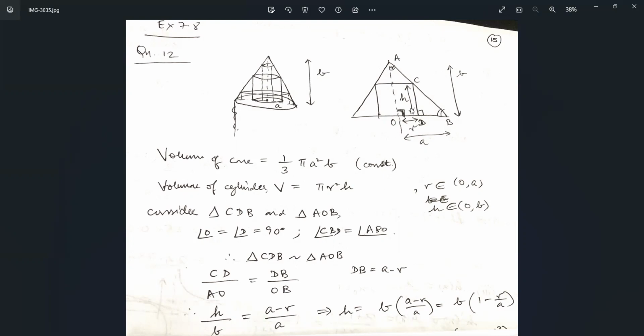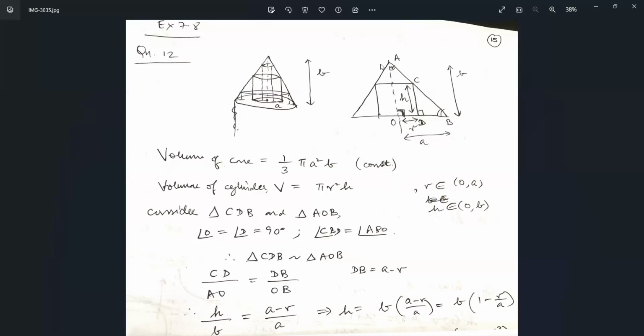So now what I'm going to do is try to get a relation between r and h, so that we can write the volume as a function of a single variable. Now, if you take a cross section of this cone and cylinder, what we get is a triangle for the cone and a rectangle for the cylinder.